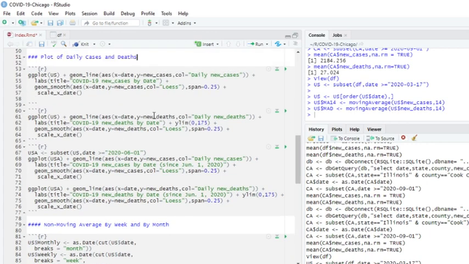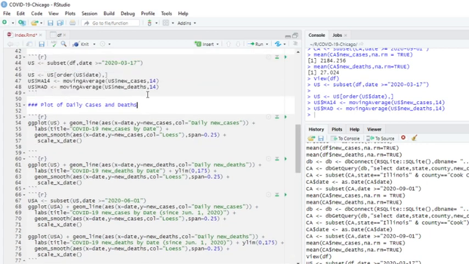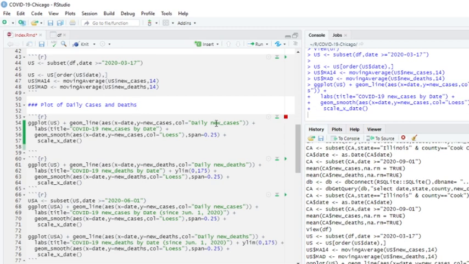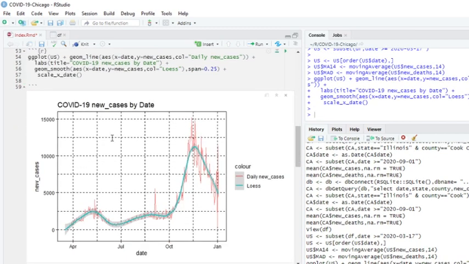So this first part is all state level data. Take a look at this. This is the numbers for Illinois. On average, they spiked at about 10,000, say 15,000.